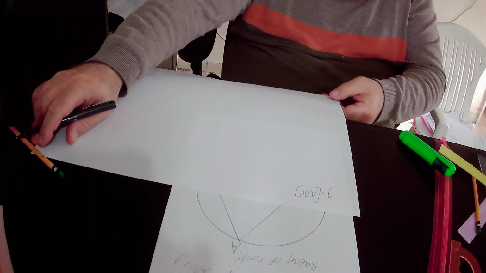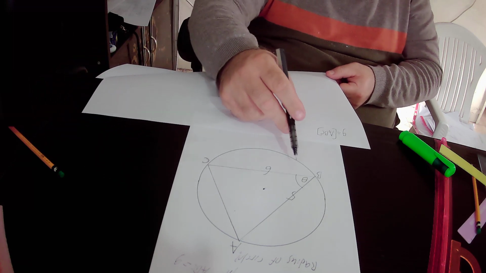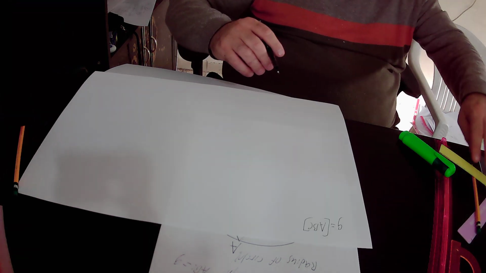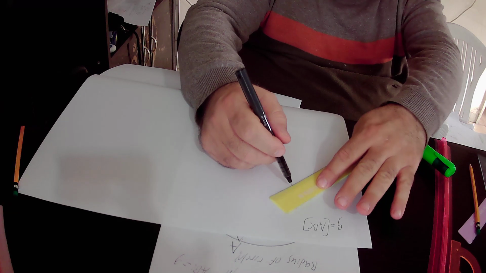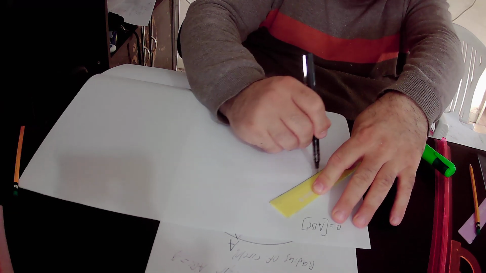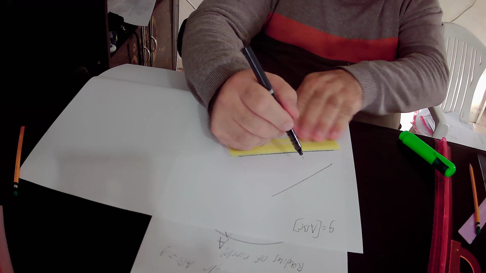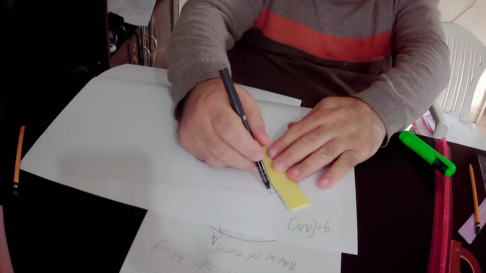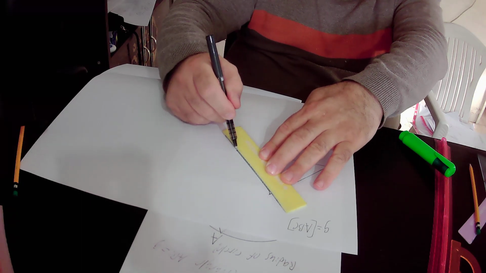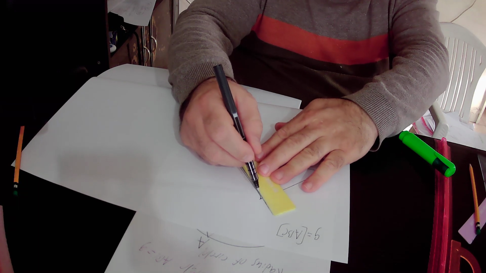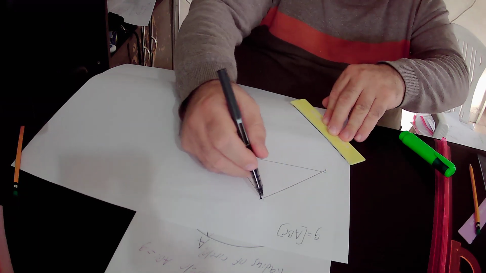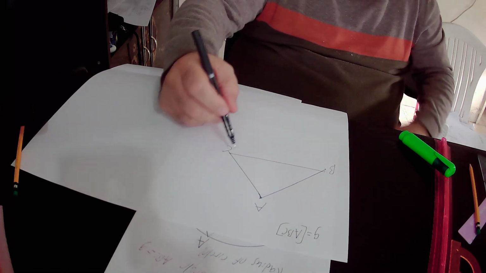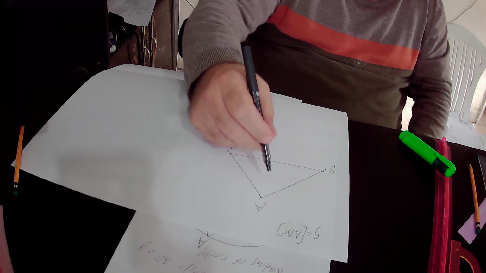And we actually can calculate the area of triangle ABC in a different way. Here, if we have a triangle ABC, that could be any triangle, and the angle between side AB and side AC is theta.